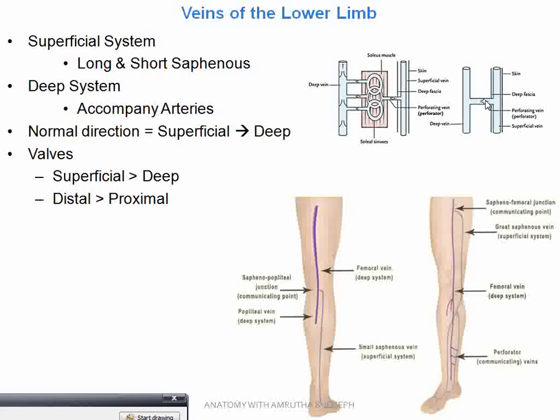Now the valve's position can be seen. The blood will be flowing only from superficial veins to deep veins. So superficial to deep veins, and the valve is directed in such a way that the blood can only flow in this way. If the blood tries to move from deep to superficial, the valve gets closed.